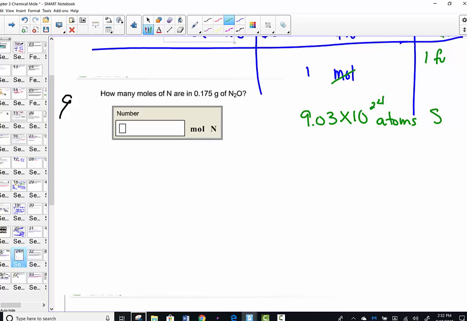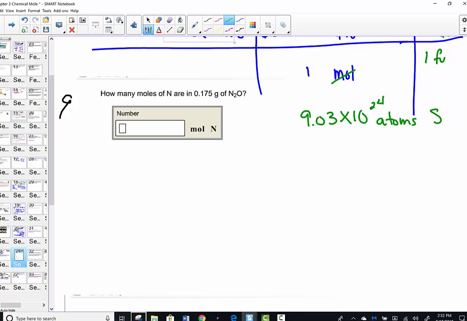Number 9 allows us to practice that same skill, and you'll see this one on your Sapling. So let's set this one up as well. Same skill. How many moles of N are in 0.175 grams of N2O? There is a clue there that lets me know that there's 2 conversions involved.